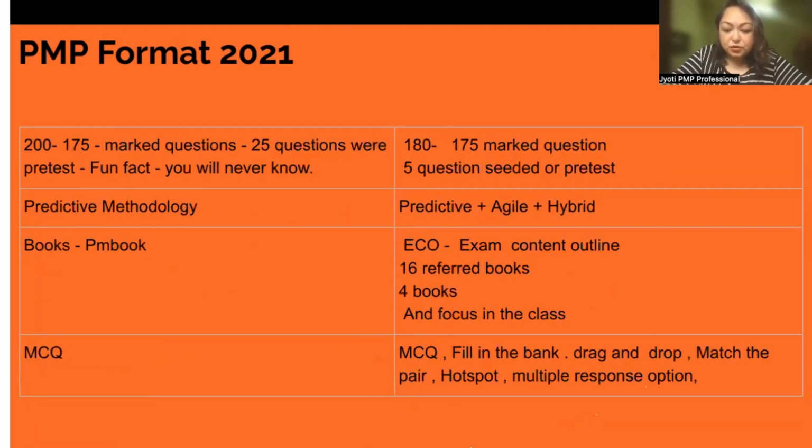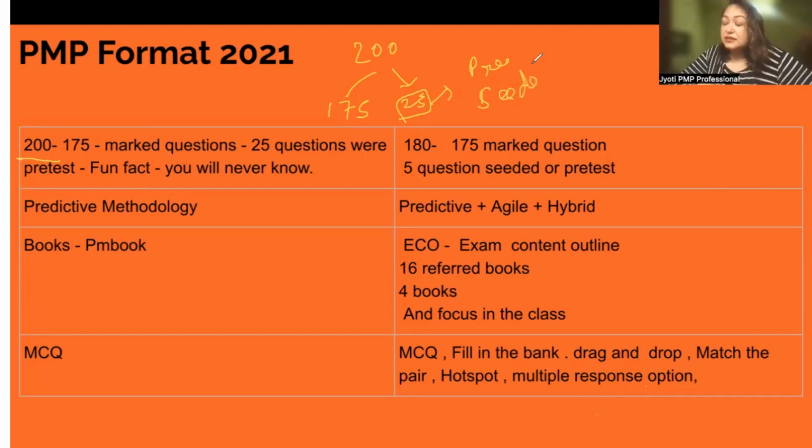When we talk about the 200 questions, they were broadly divided into 175 marked questions and 25 seeded questions. What are seeded questions? We can call them pre-test or seeded questions.